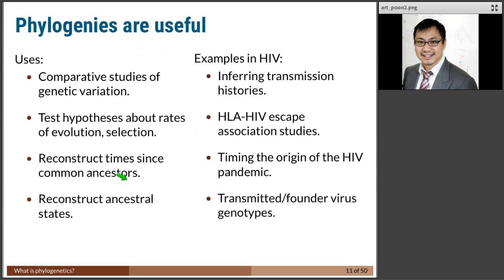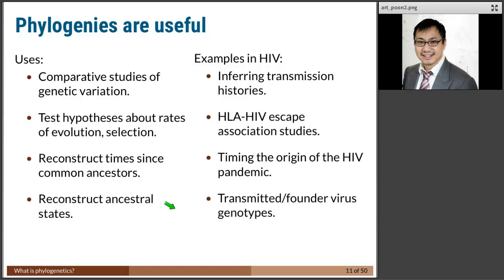Okay, so hopefully with that gallery, I've given you a sense that phylogenies are useful, and there's a reason to listen to what I'm going to talk about for the next 45 minutes or so. It has many uses. We can perform comparative studies of genetic variation.